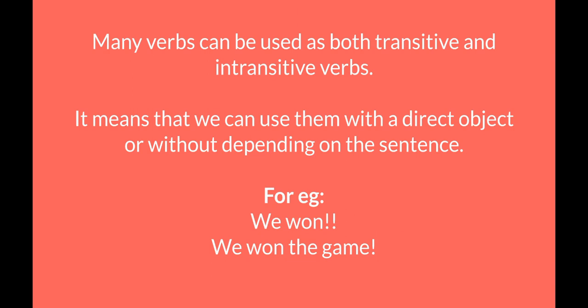In the first case, won is an intransitive verb because it does not require any object. But in the second sentence, you ask a question, we won what? The answer is game. So here game is the object of the verb won.